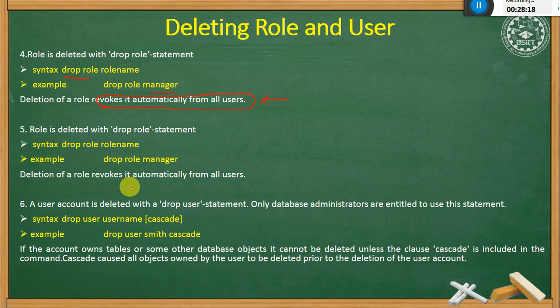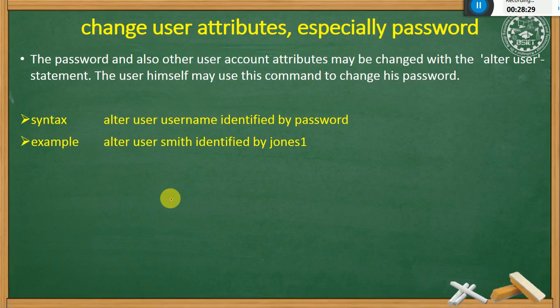To delete a user, use drop user and username. So it is very simple. Drop user username will delete a user from the database. If you want to change the attributes and password of the user, you can easily change the password using alter user username identified by password.